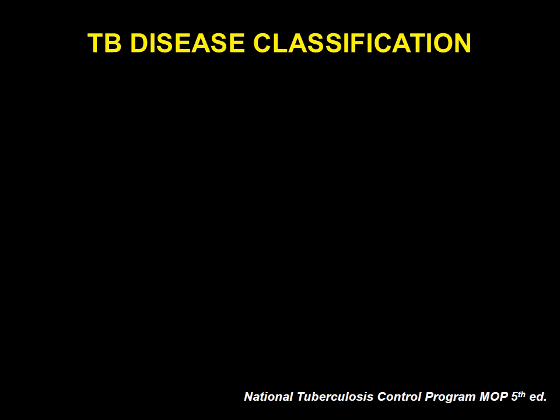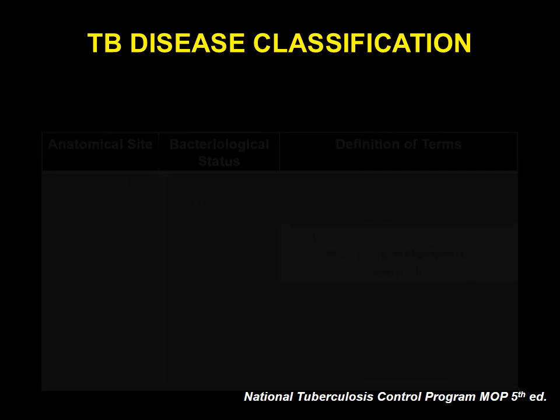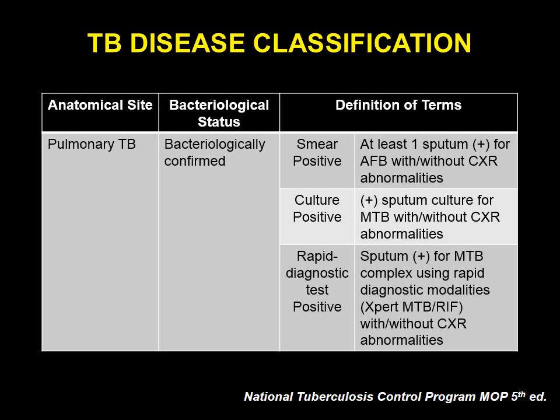For the TB disease classification, pulmonary TB can be bacteriologically confirmed. A biological specimen is positive by smear microscopy, culture, or rapid diagnostic test.